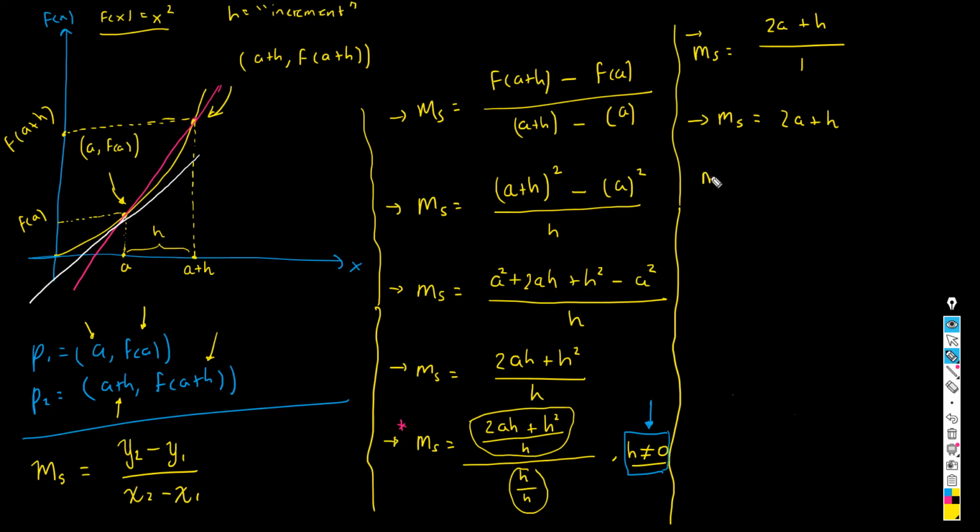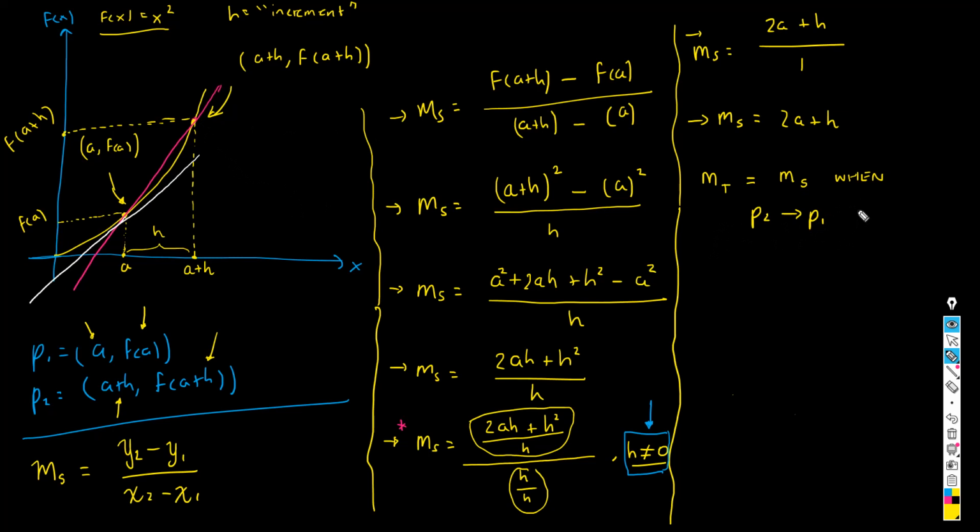the slope of the tangent line is equal to the slope of the second line when P2 approaches P1. I'm going to repeat this phrase. The slope of the tangent line will be equal to the slope of the second line when P2, which is this point, approaches P1.